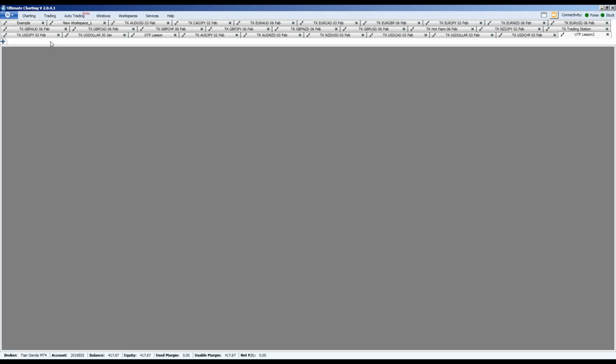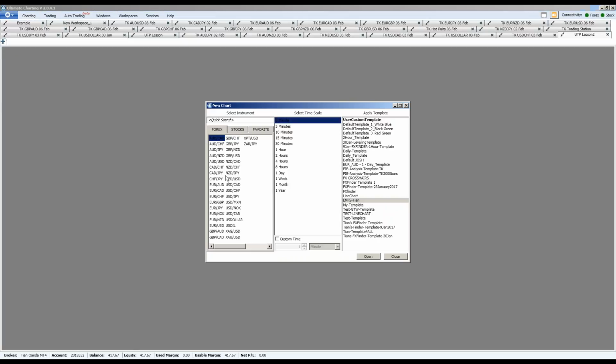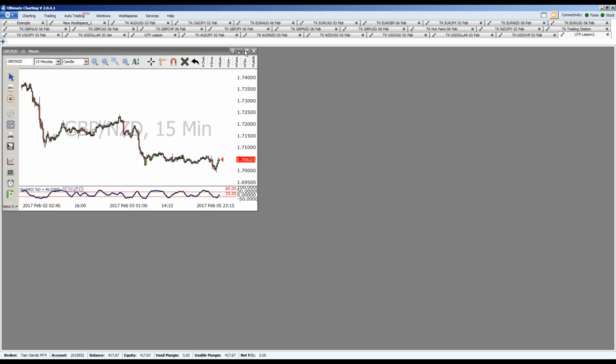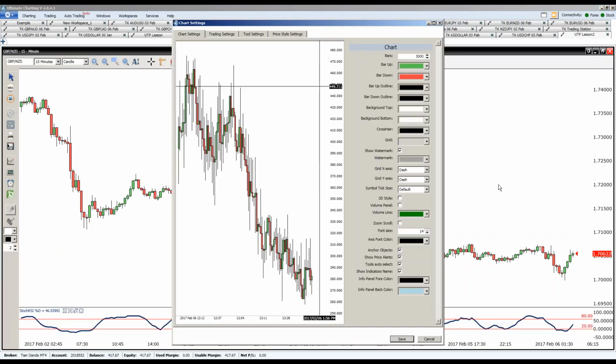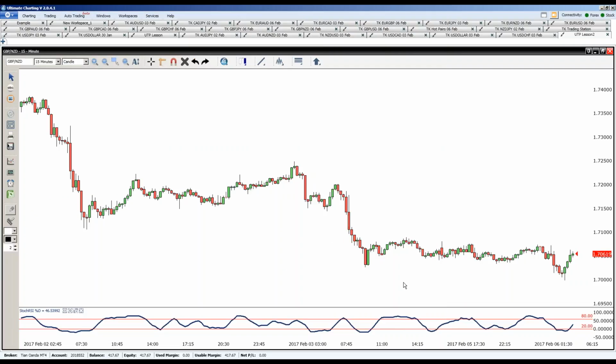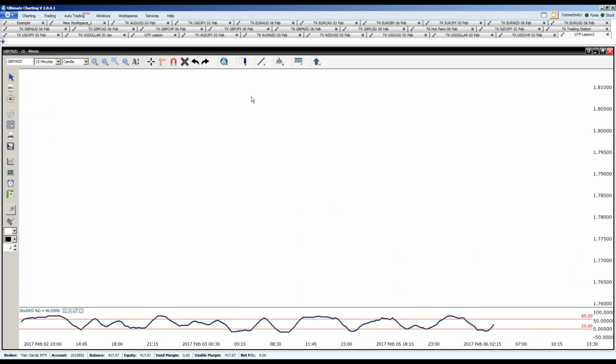Let's try this one. Take any chart. Like that.